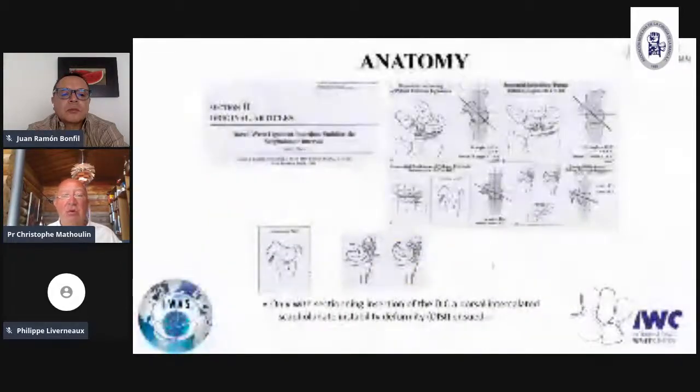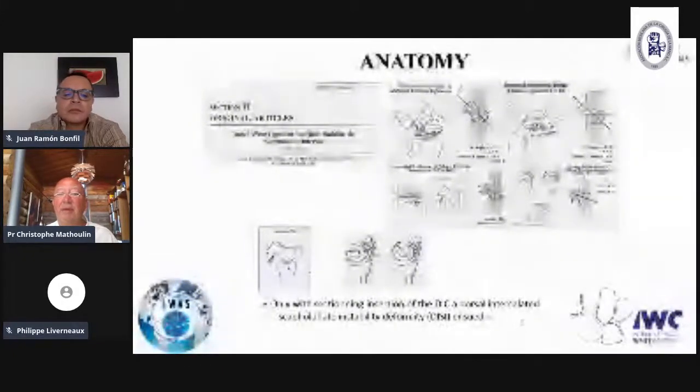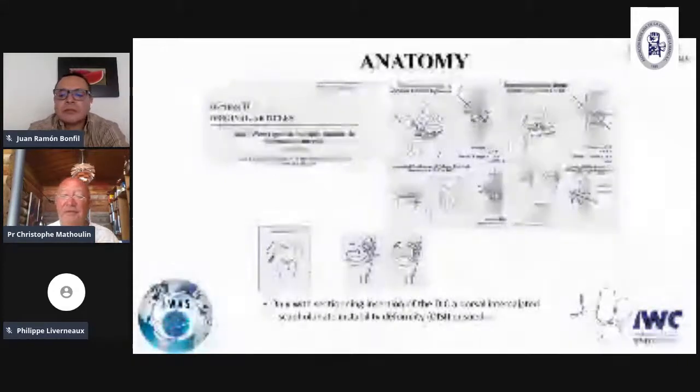In 2004, there was a very important paper published by Gamal Zaidi, and he obtained the horizontalization of the scaphoid in the laboratory only when he cut the extrinsic ligament. So it is completely new for us.